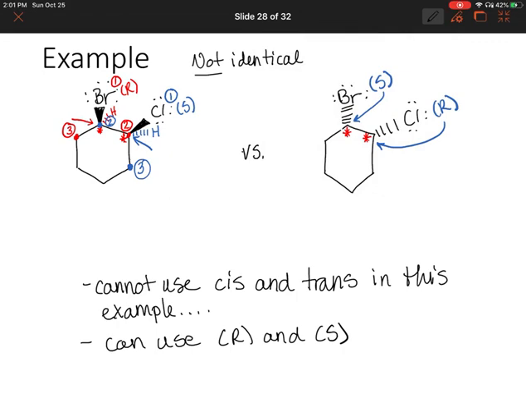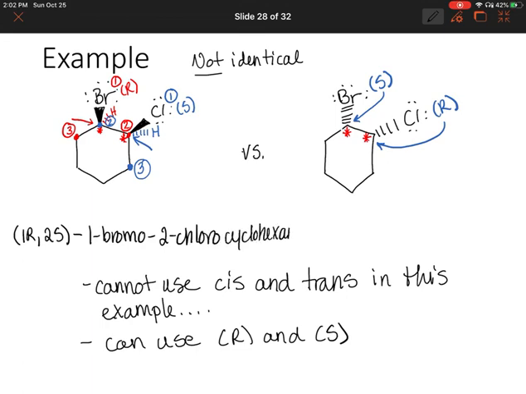So that means that we need to name these slightly differently. We would name this 1R, 2S, dash 1 bromo, dash 2 chloro, cyclohexane.